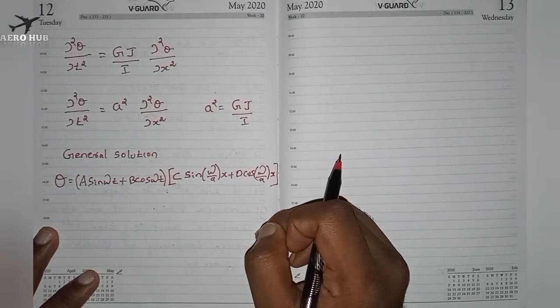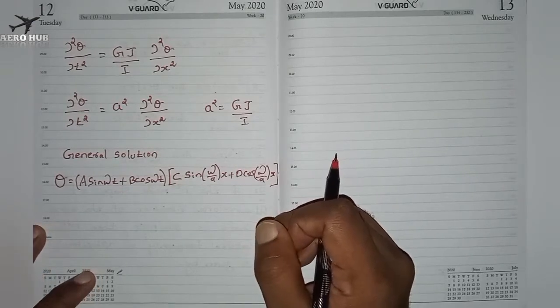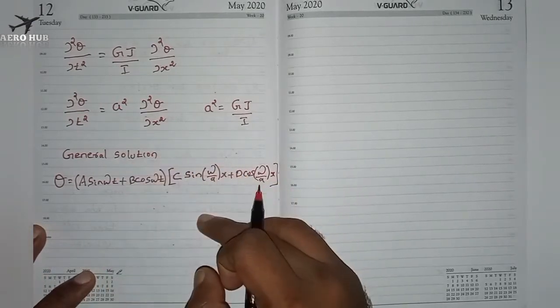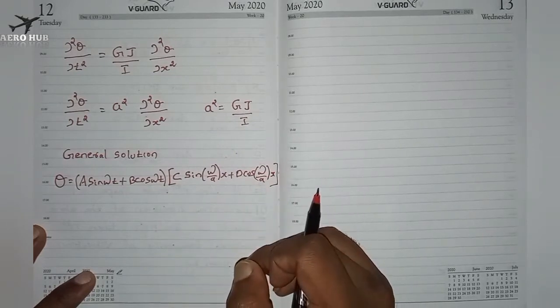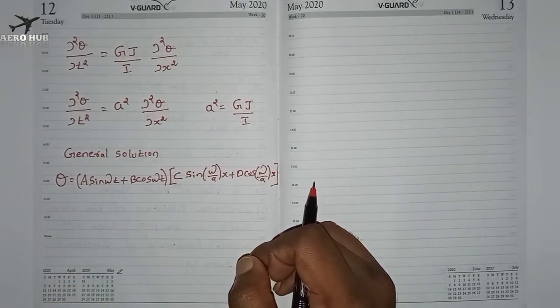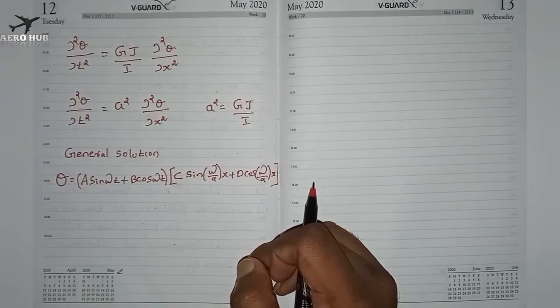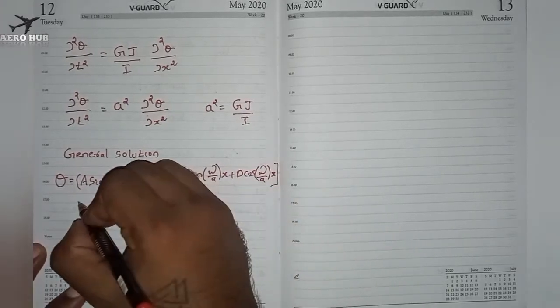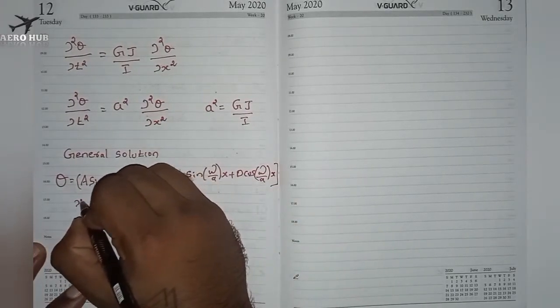Okay, we will substitute the value of boundary condition in this general solution. Then we will derive the equation for natural frequencies.